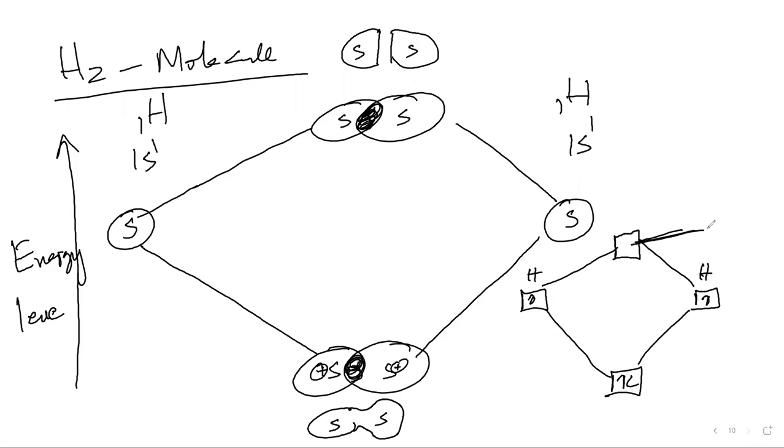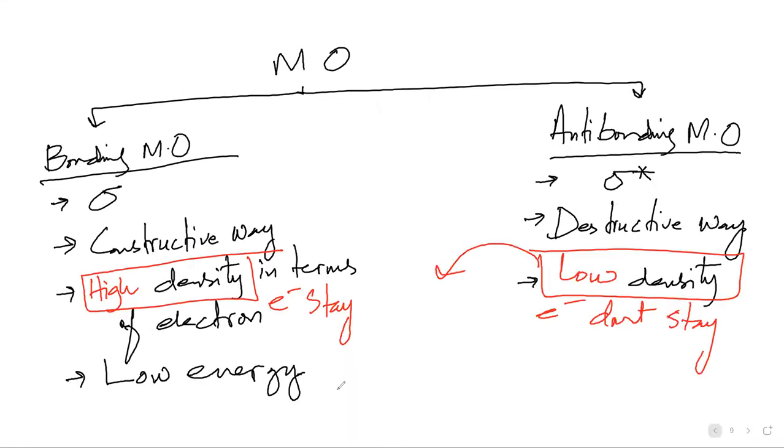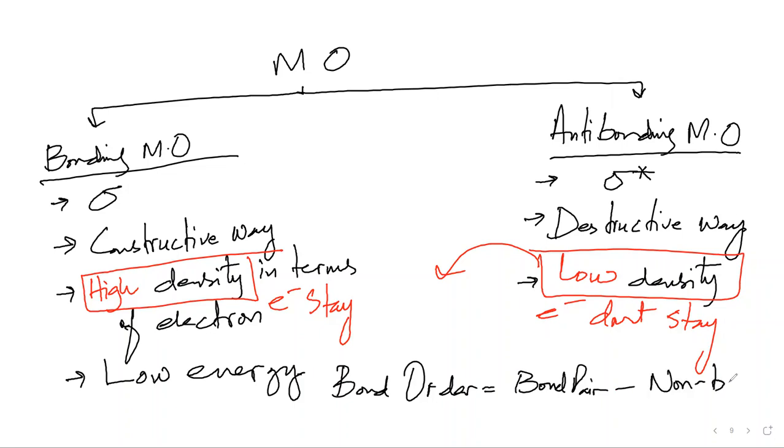And how do we calculate the bond order? Bond order is bonding electrons minus non-bonding electrons, divided by 2.